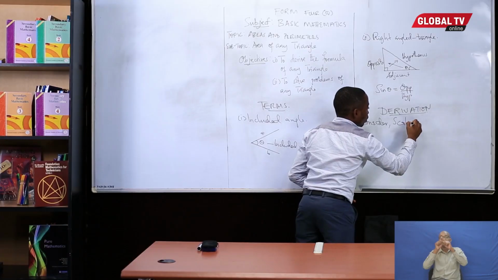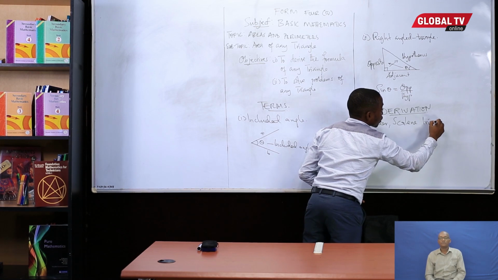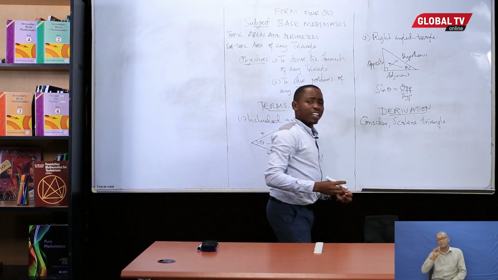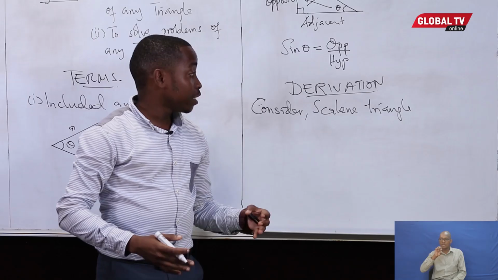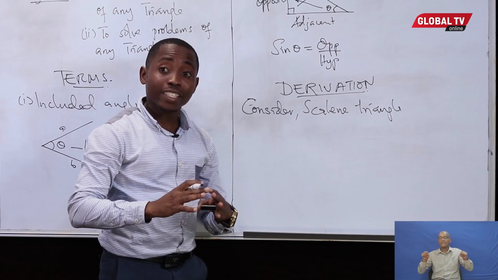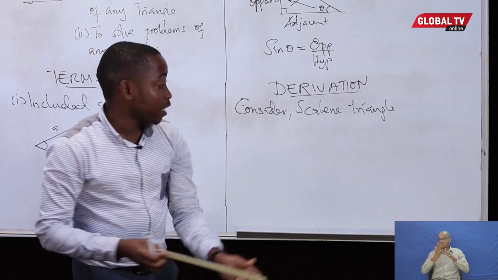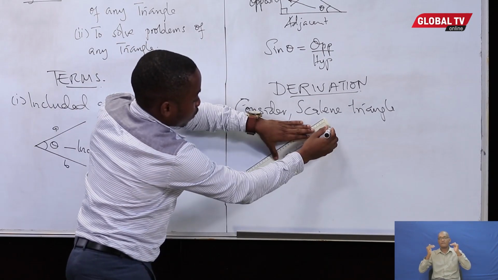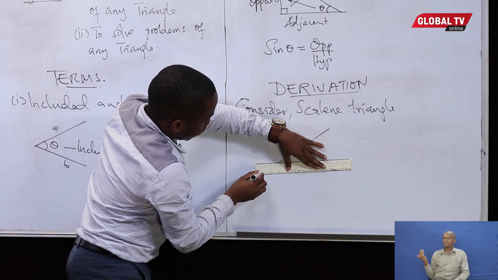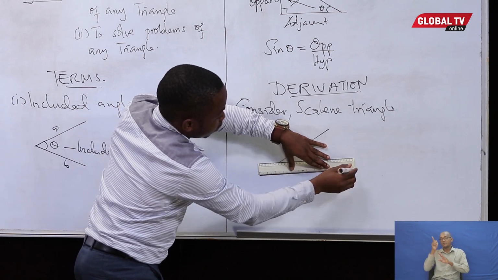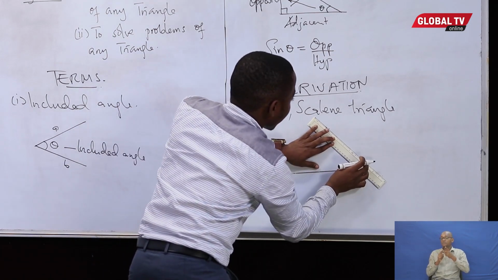As we know, a scalene triangle is a triangle in which all three sides are not equal. So for example, we have our scalene triangle like this one. The first side is this one, the second side, and here we have the third side.